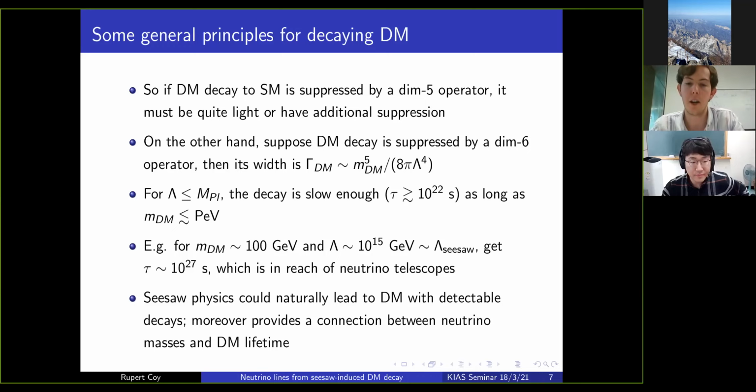So this dimension 6 suppression is enough to make dark matter sufficiently long-lived, but at just the right value that it's possibly detectable in the near future. And if you can engineer this UV physics to be, say, the seesaw, then you can provide a connection between why neutrino masses are so small and why the dark matter lifetime is so long. That's quite a nice connection to make.